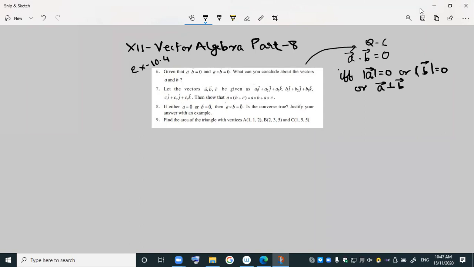And when A cross B is equal to 0, 0 means 0 vector. Sorry, here it is not a 0 vector because it is a scalar product 0. But here you have to write 0 vector.